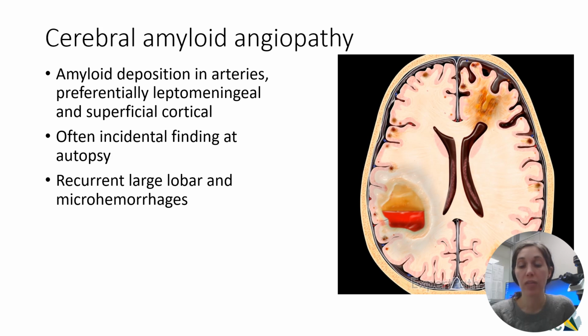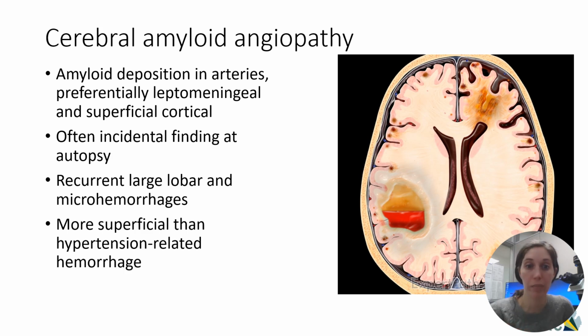And so then when the vessel is exposed to any kind of stress, the vessel tears and then you get blood spilling outside the vessel. And the location of these hemorrhages kind of follows the distribution of amyloid deposition. So it's primarily kind of the very superficial surface of the brain.